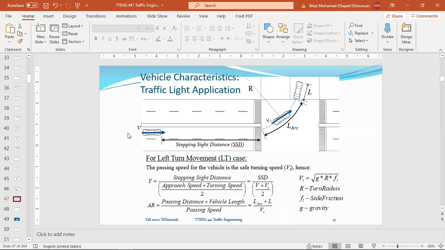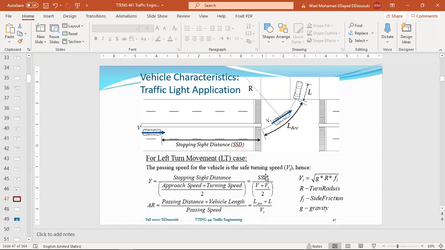But for the left turn, for turning movements, the passing speed is different. And here you see how we can get the V turning. So the stopping sight distance is divided by the approach speed plus the turning speed divided by 2. That's the average speed.